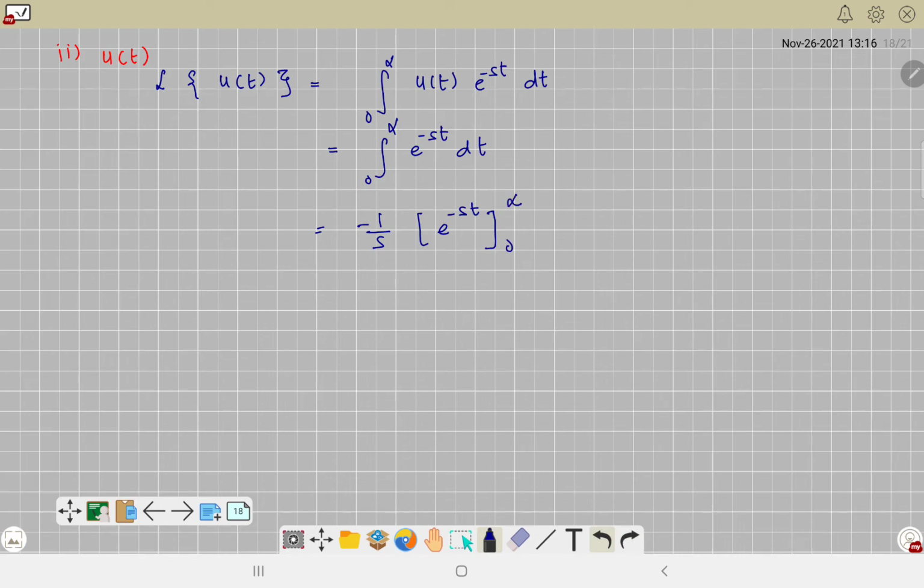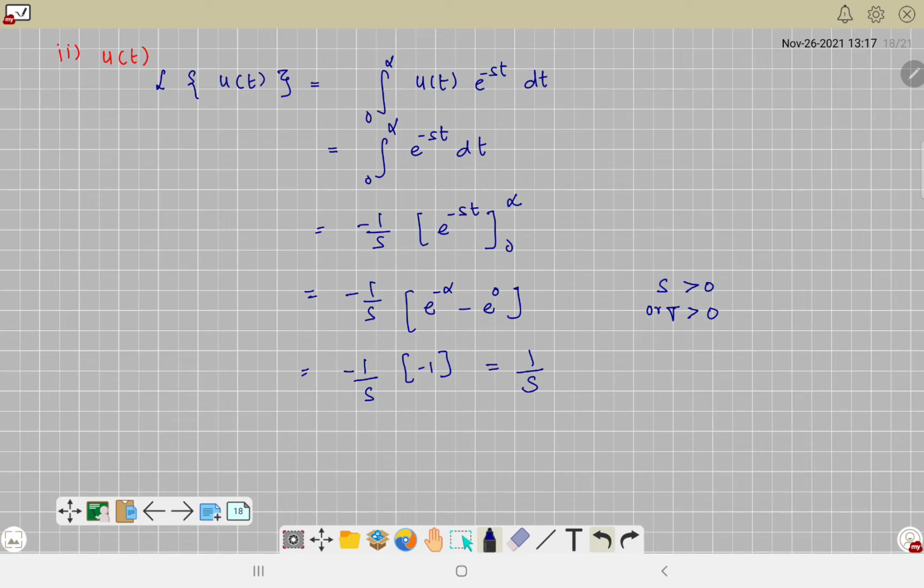Fine. But when you proceed to the limits, you have to ensure that s is greater than 0, which means the real part should be greater than 0. Okay, so this will be minus 1 by s, times minus 1, so that will be 1 by s.